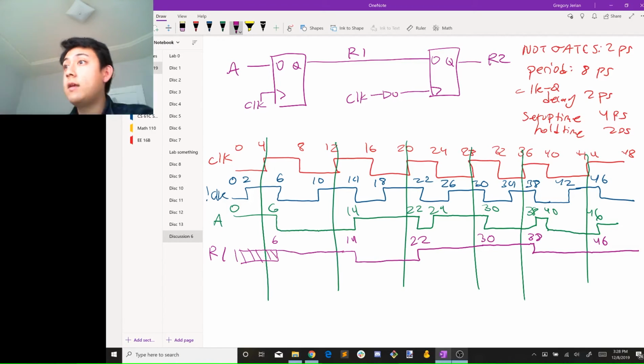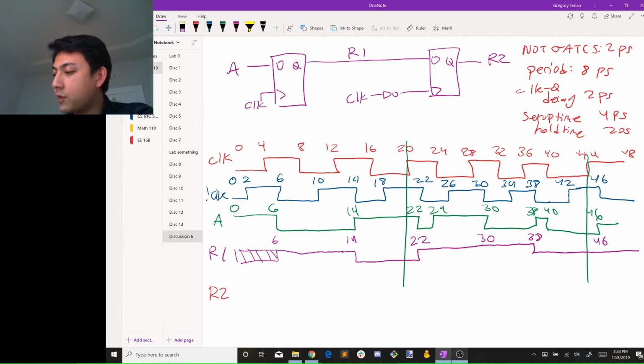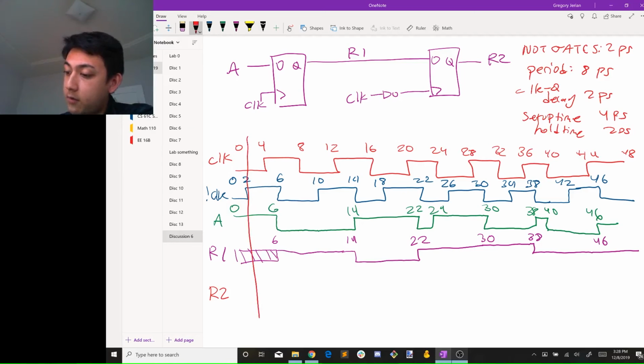Okay. Now we get R2. R2 is the same thing, but on the not clock. So now we get to go on the rising edge of the not clock shifted by 2 picoseconds. So let's get rid of these rising edges, and let's draw the rising edges that matter for R2. And those are these.